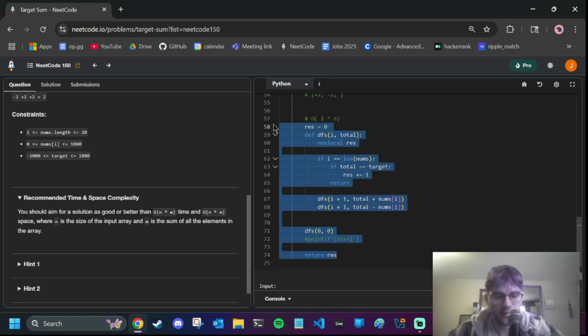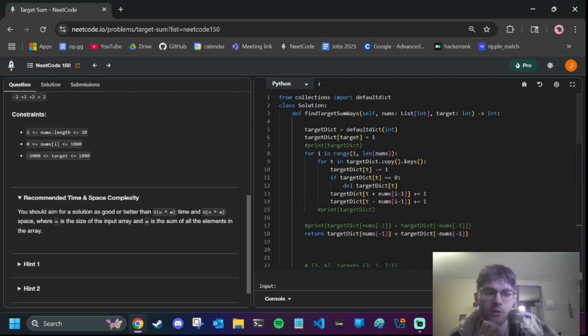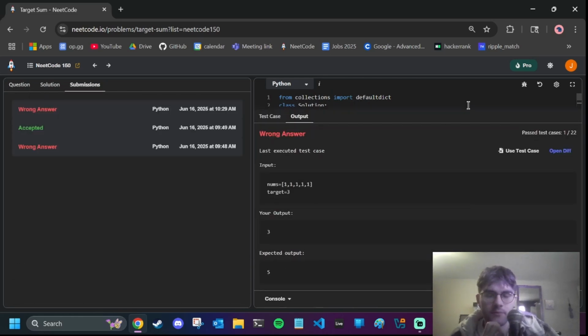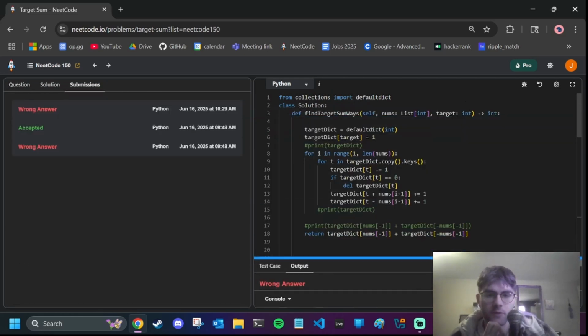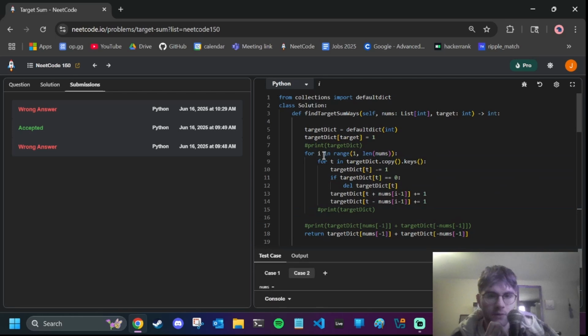Let's get rid of this stuff. Maybe that's why it was working. No, that's unreachable. Alright, so let's use this as a test case. Let's see what's happening.